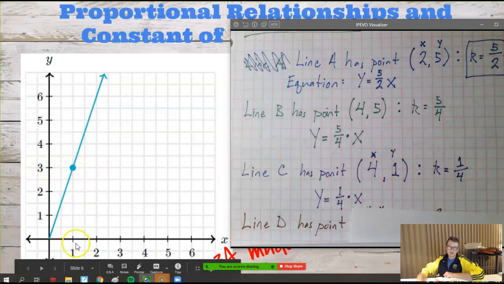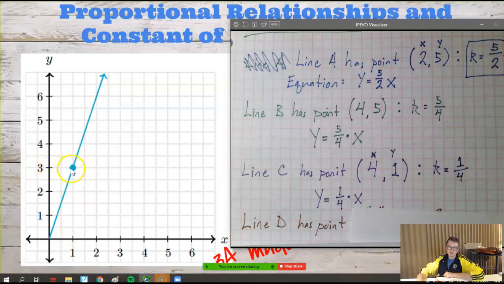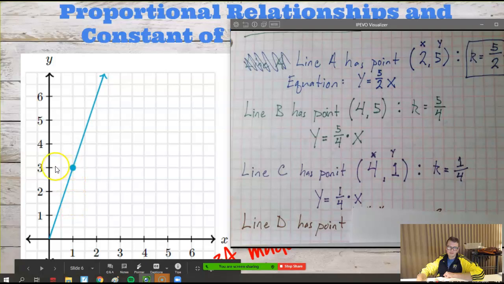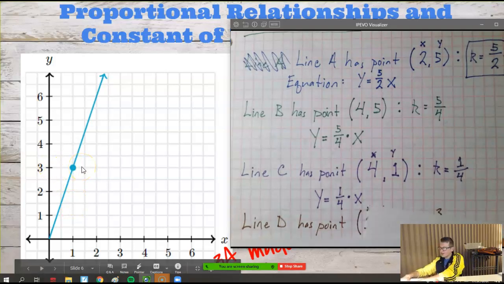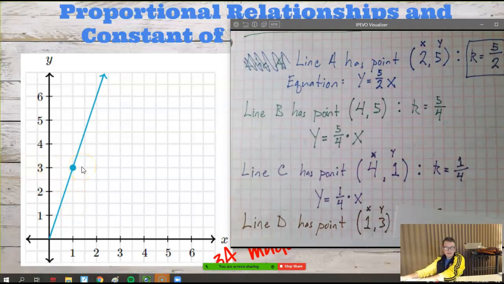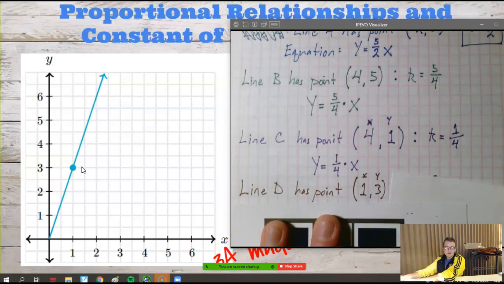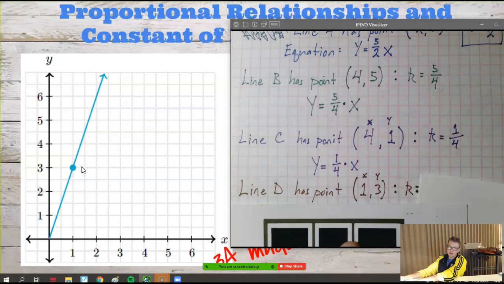What's this point? 1, comma. Yeah, thank you very much. 1, 3. Meaning our slope, or our constant of proportionality. I'm going to start to say slope because it's a shorter word. Our slope is what? 3/1. Yeah, 3/1, the y over the x.